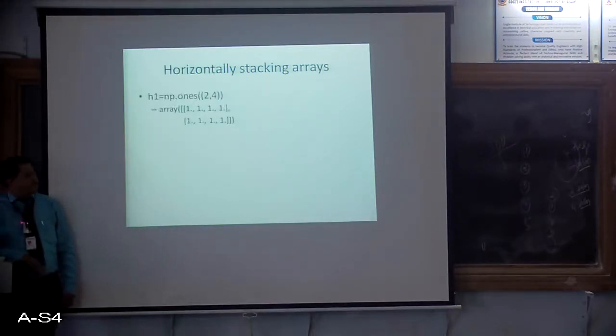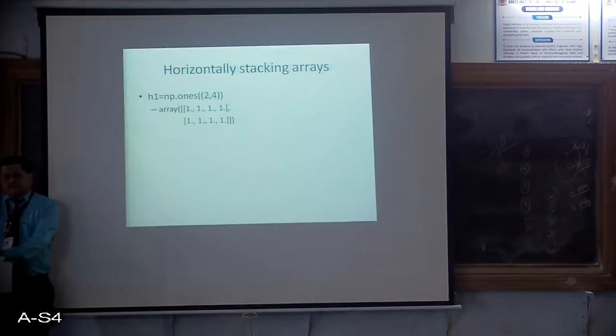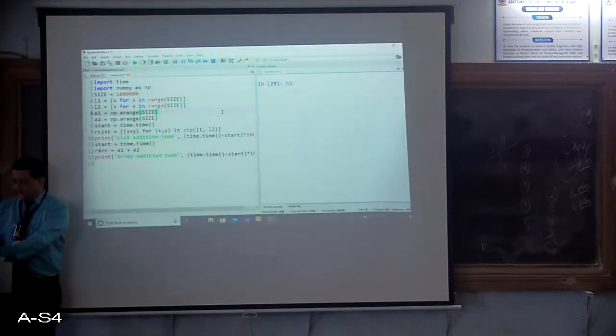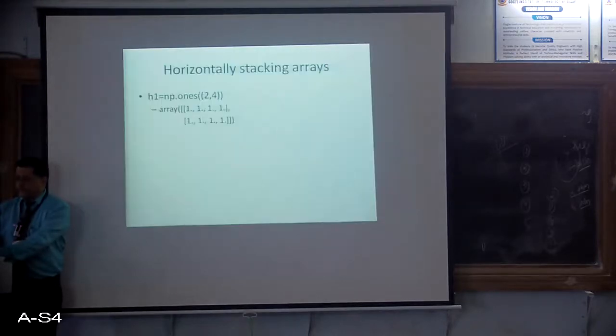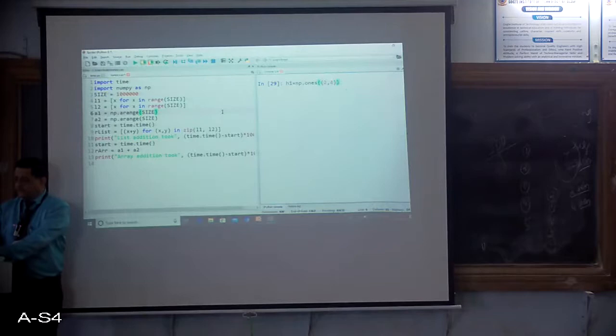Assume that we have one array H1 that looks like this, that is np.ones 2, 4. Its shape is 2, 4, so it's a 2 by 4 array. So let us quickly create that. H1 equals np.ones, it will be 2 by 4.